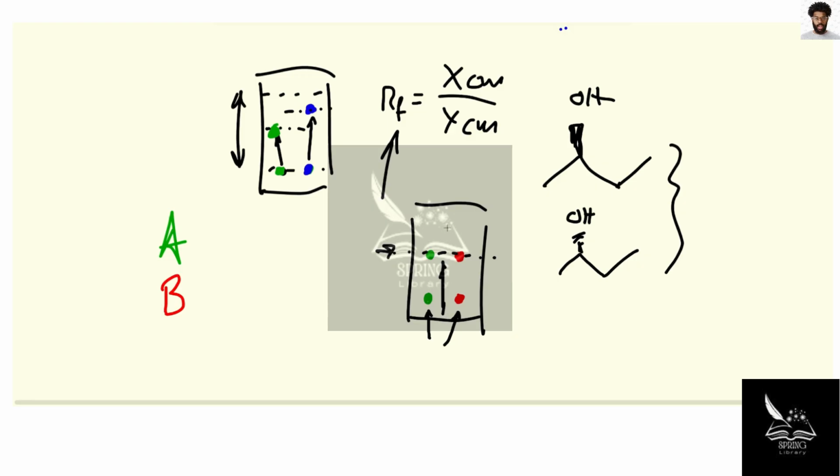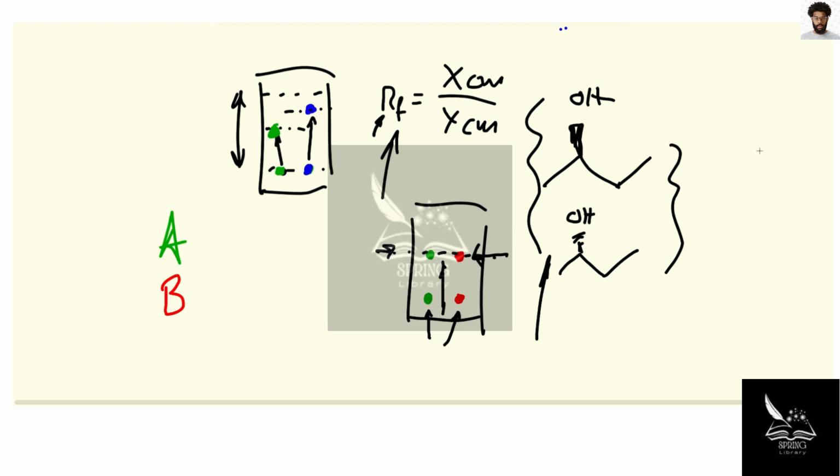There's no way to prove that they're the same molecule, and in fact, in this case, they wouldn't be the same molecule, but they would look like it, or at least as far as TLC could tell, because the spots are going to be at the same spot. That's the only proof that you can get. The only thing you can really show is that the RF values are the same, but RF values being the same doesn't mean the compound is the same.